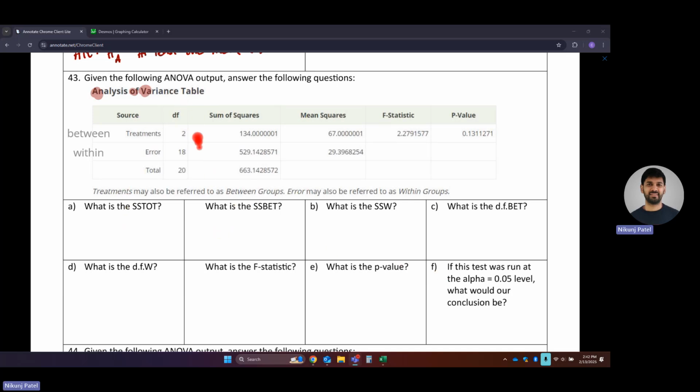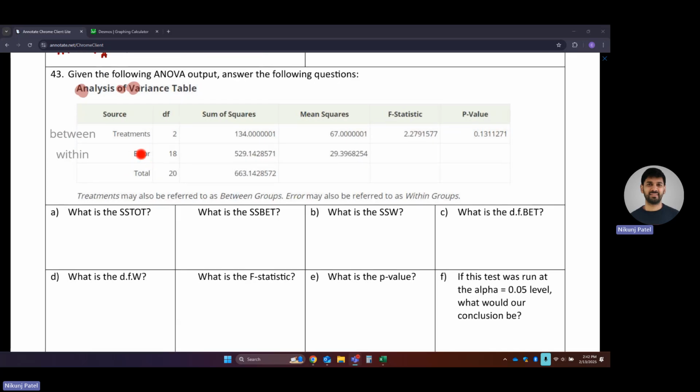All we have to do is determine which value goes with which box. The row that says treatments is the row that refers to what we would consider between. And the row that says error is called the within row.